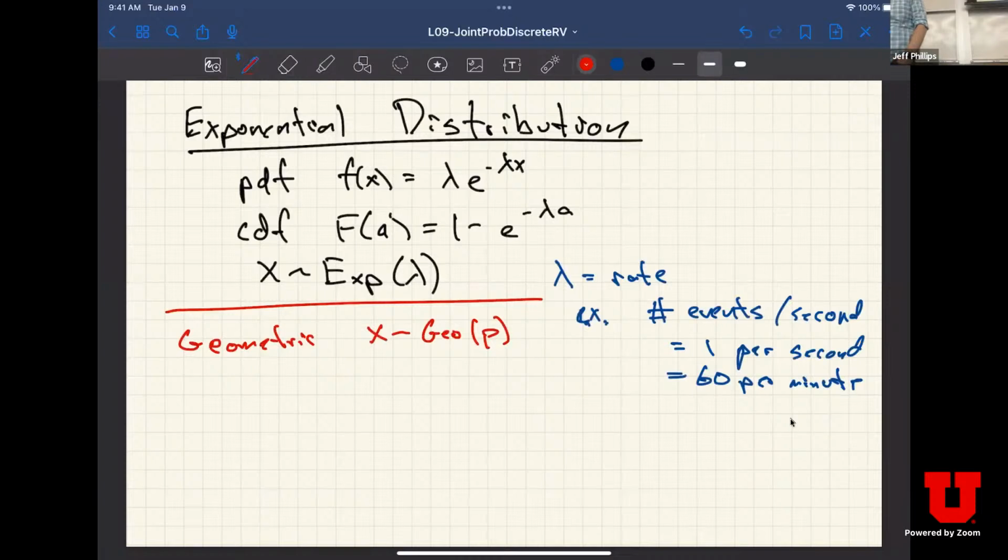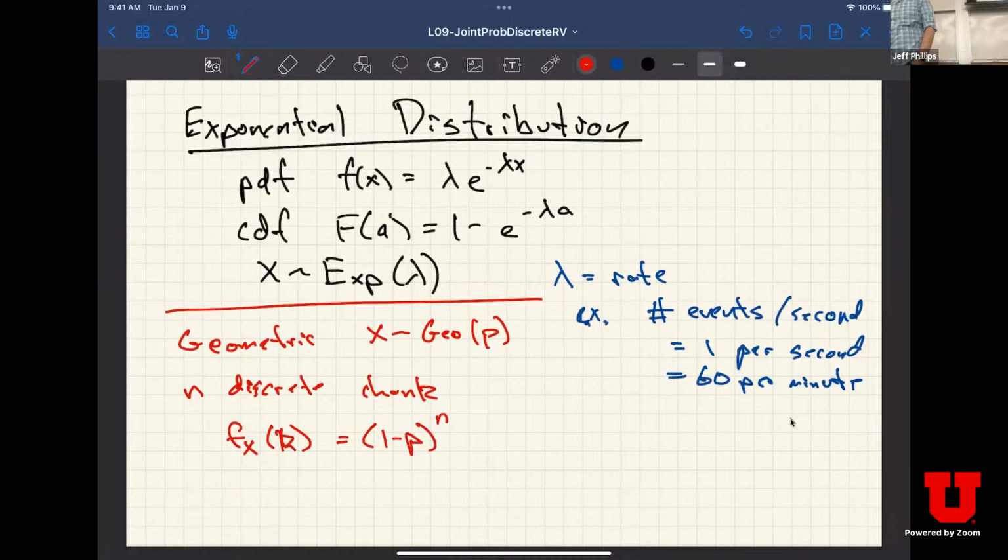So if I have n discrete chunks that I'm thinking about, then for this geometric distribution, the probability that the event does not happen in n discrete chunks is 1 minus p to the power n.